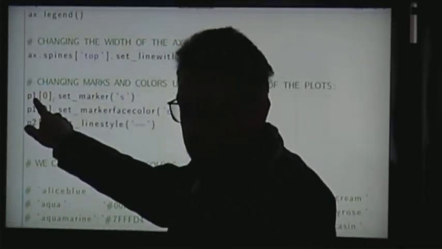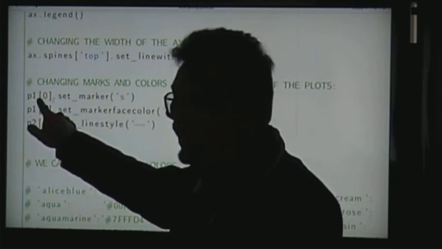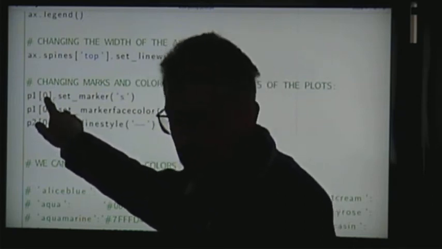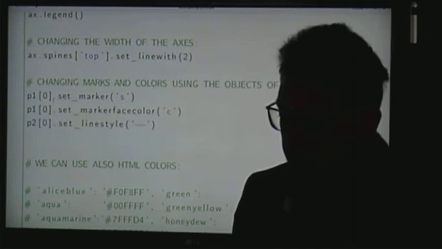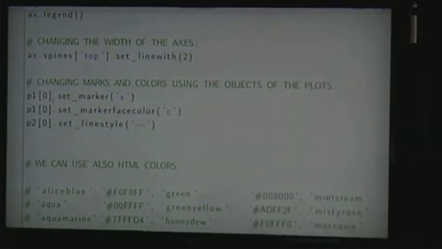You can put p1[1] to see what the information is. But what is pointing to the plot is the first element of the object in this case.